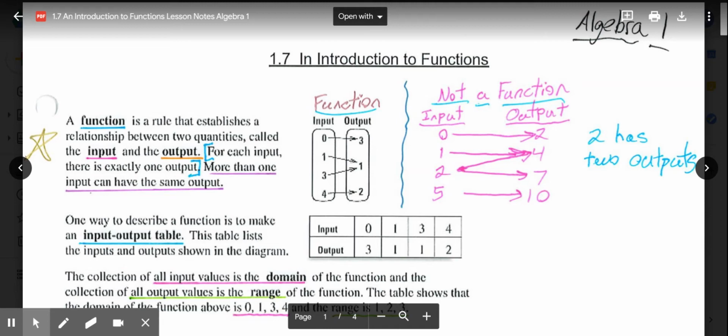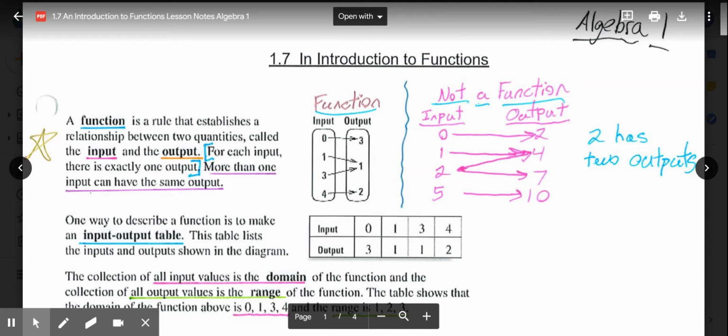So the first paragraph here in your notes is the most important and crucial point to understanding functions. First it starts with the definition. A function is a rule that establishes a relationship between two quantities called the input and the output.